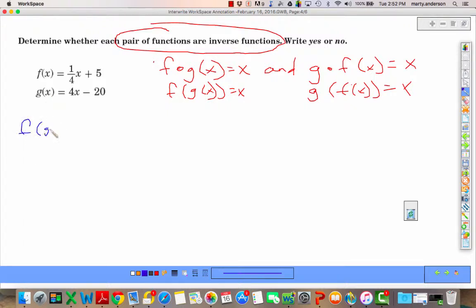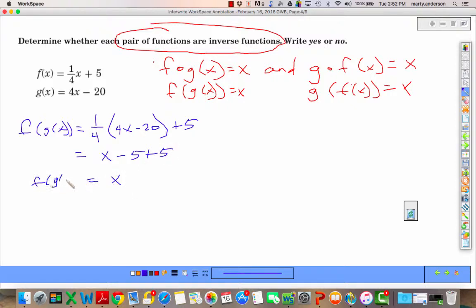F of g of x, we'll put the g function into the f function: 1/4 times 4x minus 20 plus 5. Distribute the 1/4, x minus 5 plus 5, and I get x. We're looking good for being inverses of one another. First half is complete.